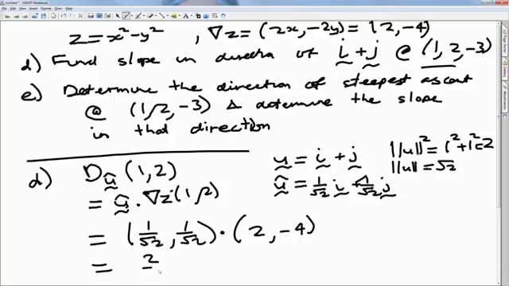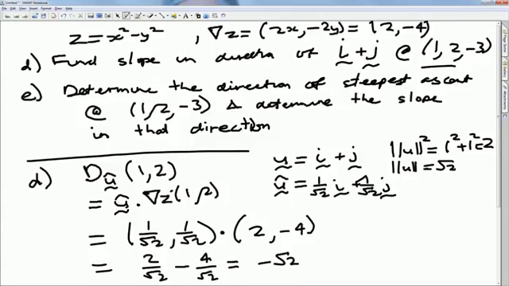So you get 2 over root 2, and then you sum them up, plus minus 4 over root 2. If you do the calculation, you get minus root 2 in the end. So the slope is negative, which means it's going down. We're heading downhill at that point in that direction, and the magnitude is root 2.